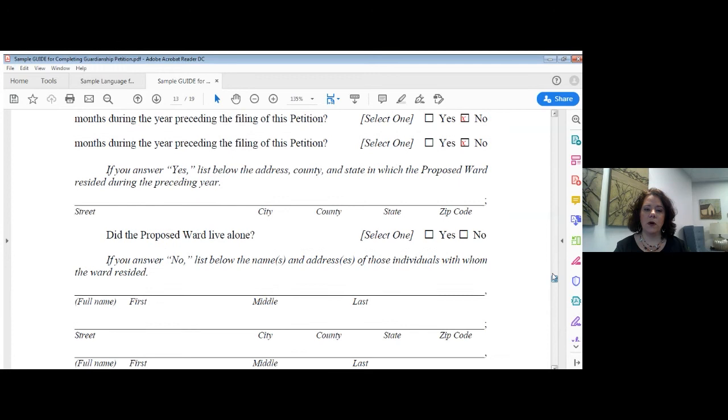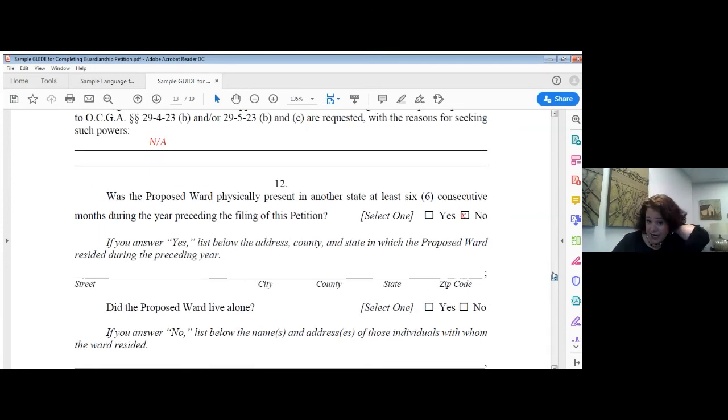If your proposed ward has been physically present in another state for at least 6 consecutive months during the year preceding the filing of the petition, you have to disclose that to the court.